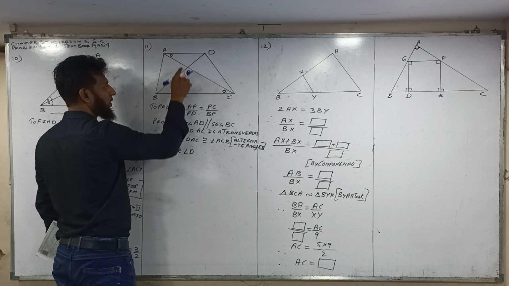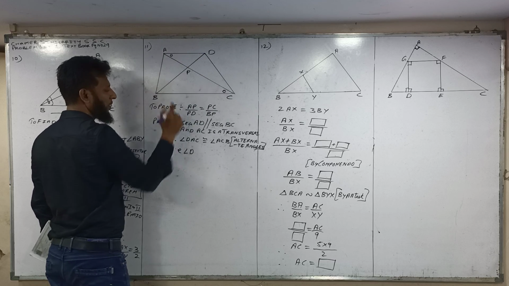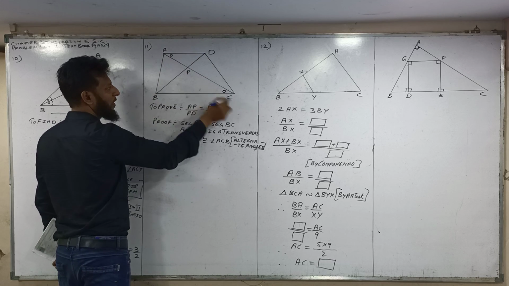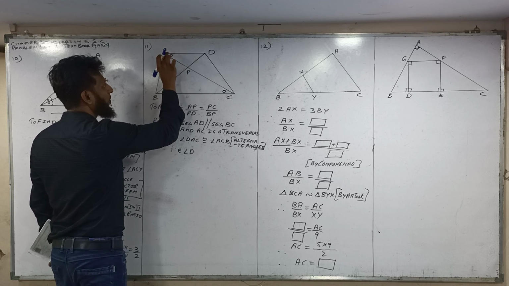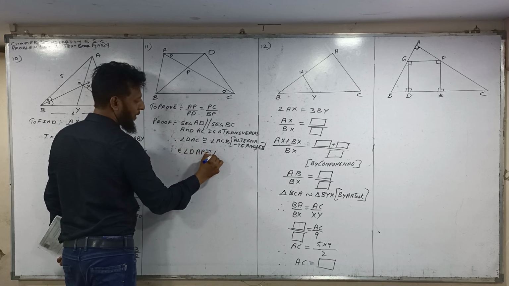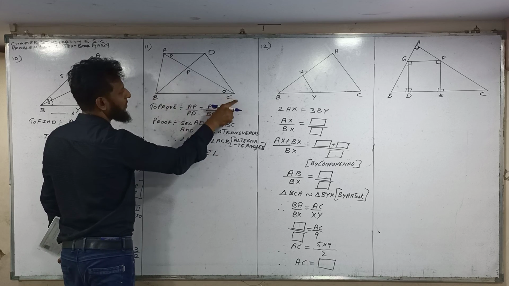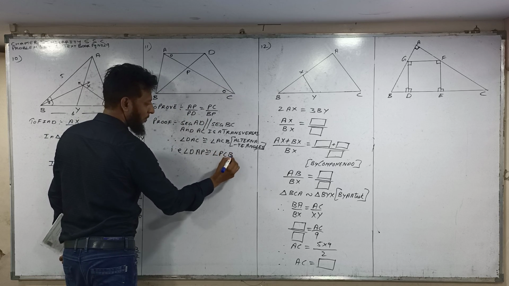We have to prove these two triangles similar, so we take the name of the angle according to this triangle, DAP. DAC or DAP are both the same angle. For ACB we will write PCB. So angle DAP is congruent to angle PCB.